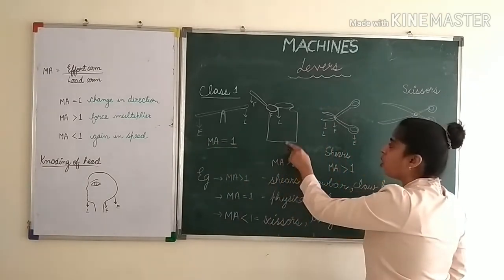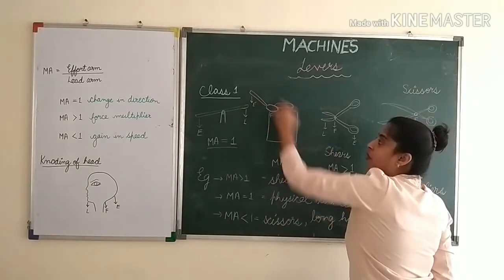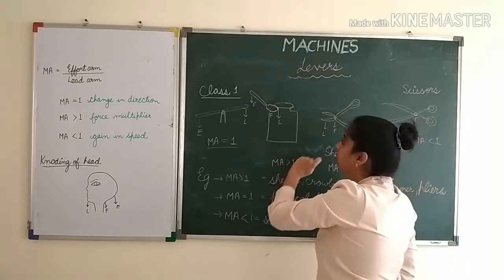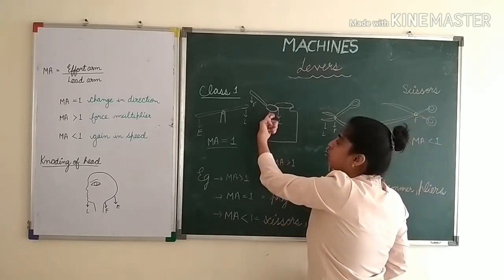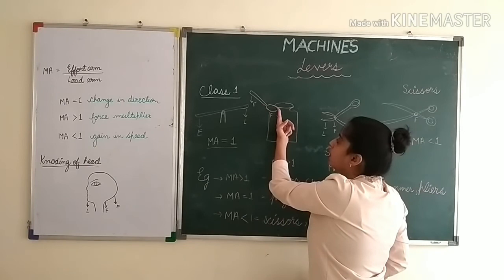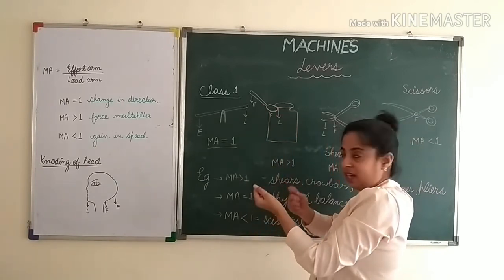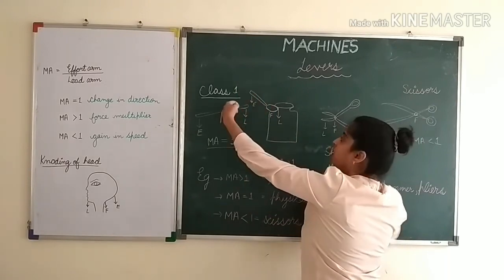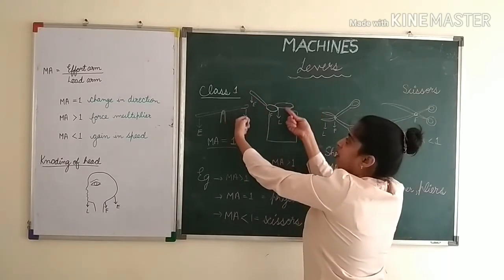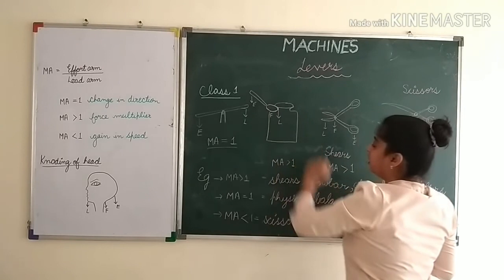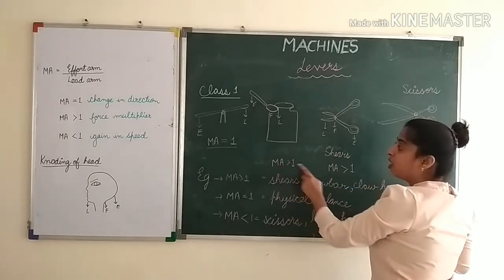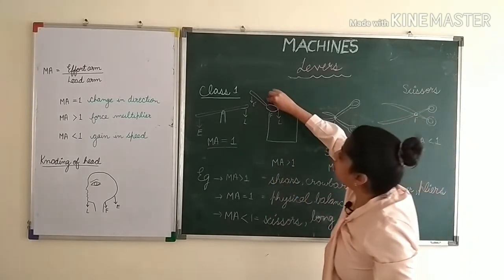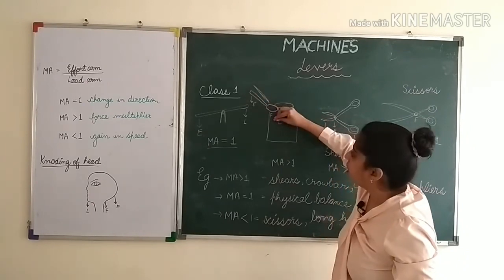Now in the case of opening a lid with the help of a long handle spoon, you can see that wherever the spoon touches is the fulcrum. The load is where you have to open the lid. Here is the load and effort is here. We apply effort here so as to lift the lid. So in this case, the mechanical advantage is more than 1 because the effort arm is longer than the load arm.